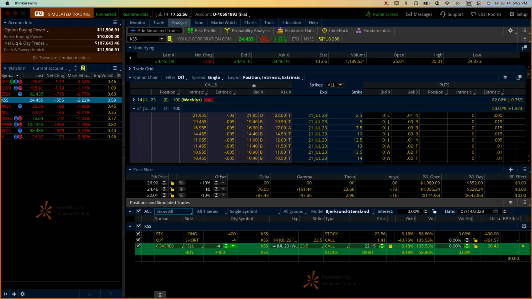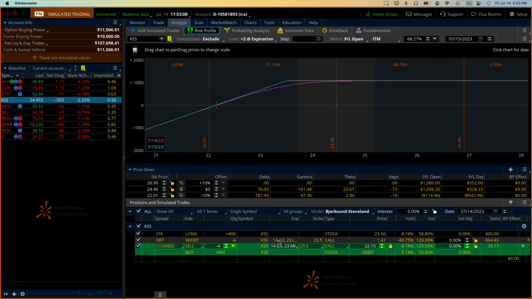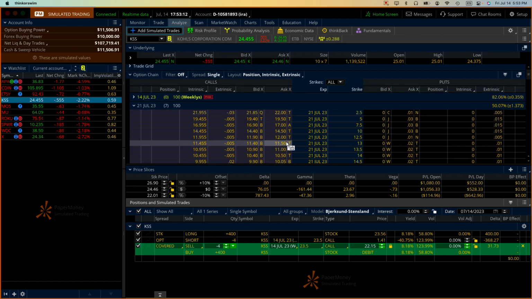KSS. That's calls. All right, so what do we need to do here? The stock is trading at 24. Let's look at the risk graph. Yeah, this option probably has not much value left. So I think we could roll this over, but to what?